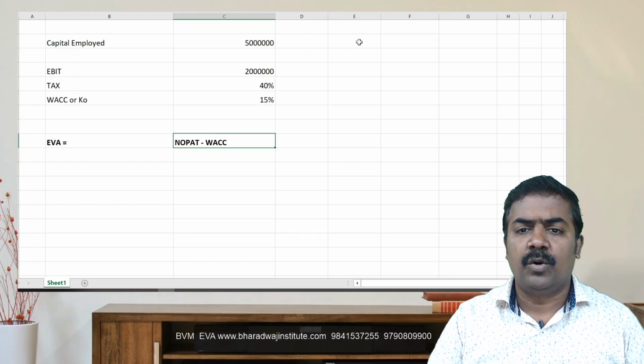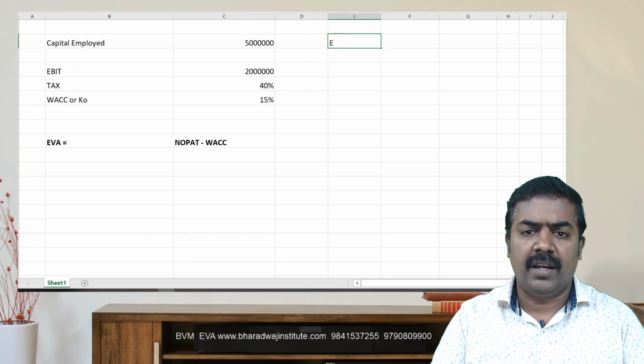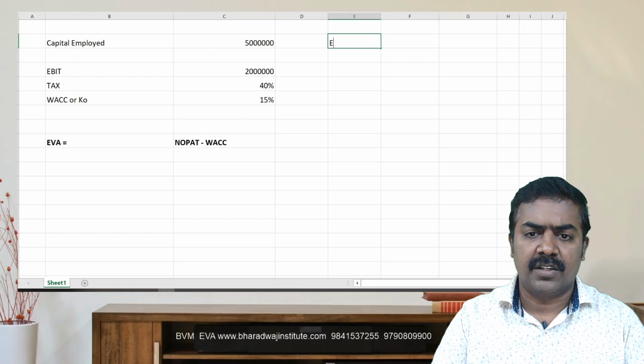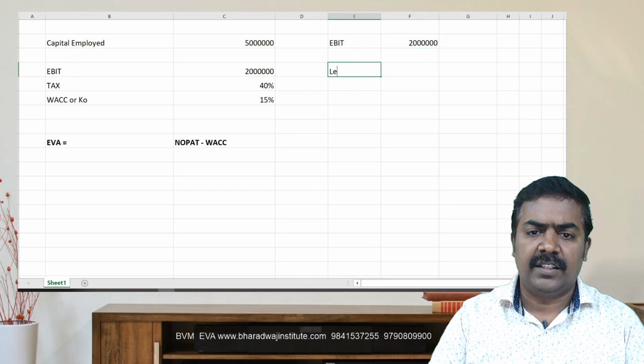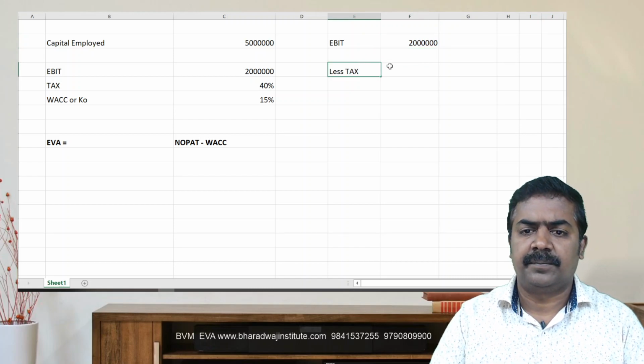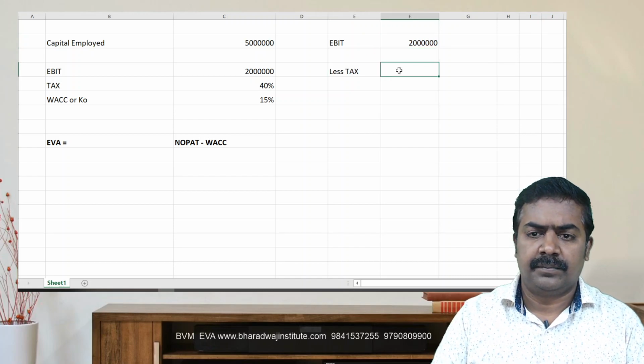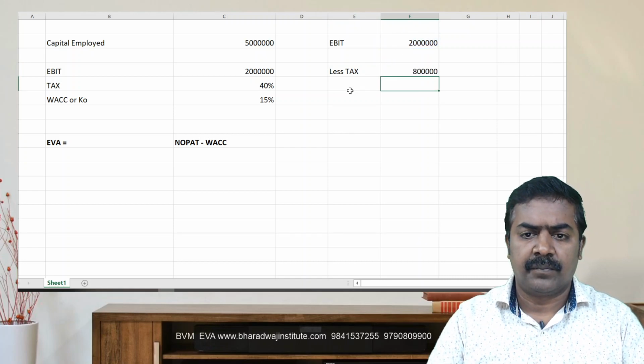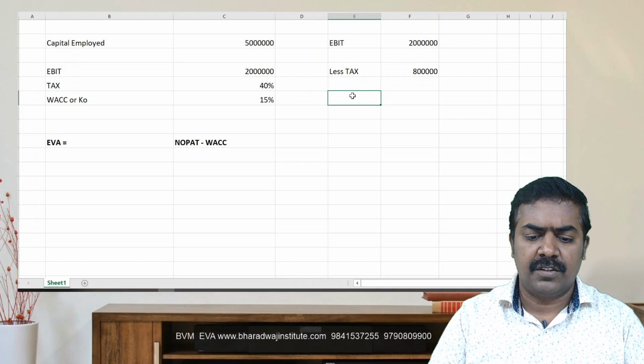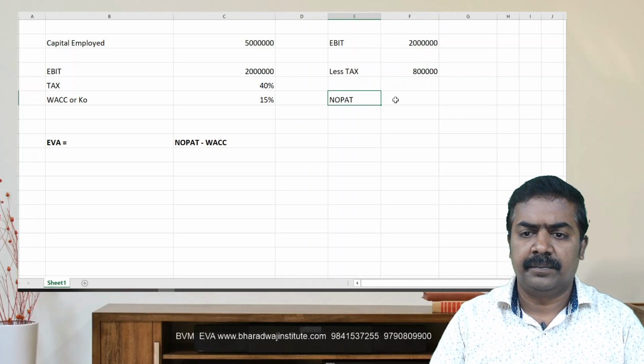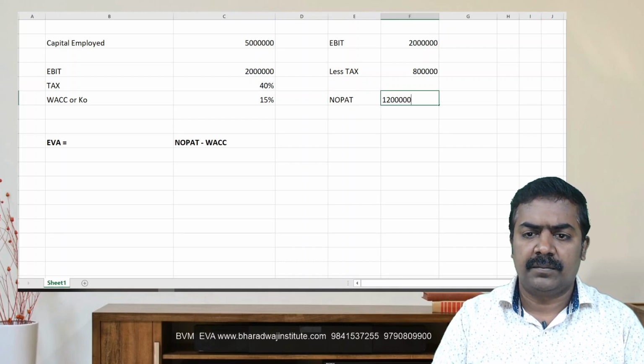For this, we want NOPAT. What is NOPAT? EBIT, that is operating profit, 20 lakhs, less tax, this into 40%. We get NOPAT, 12 lakhs.